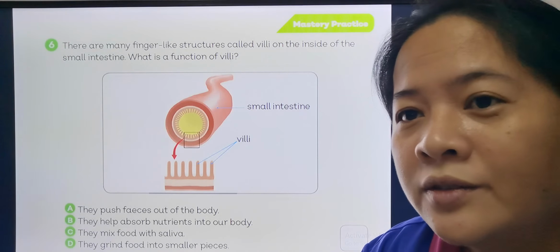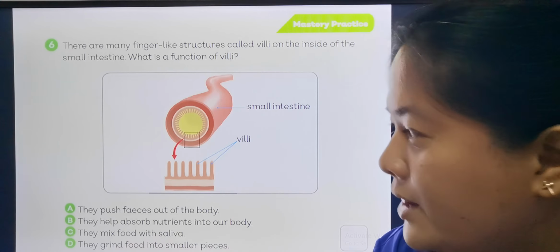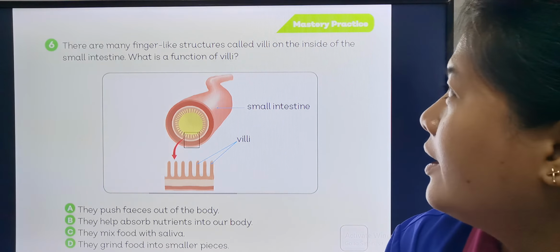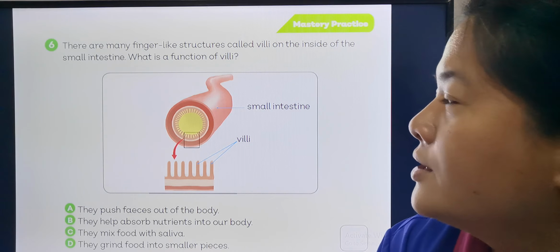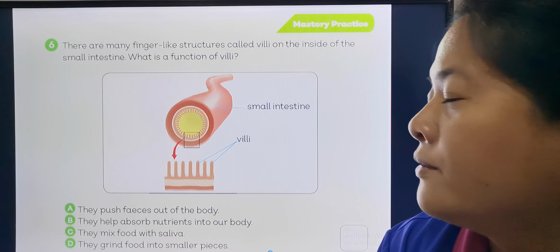Now we move on to number 6. There are many finger-like structures called villi on the inside of the small intestine. What is a function of villi?